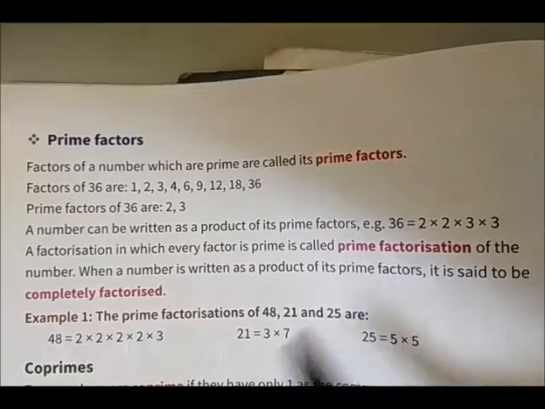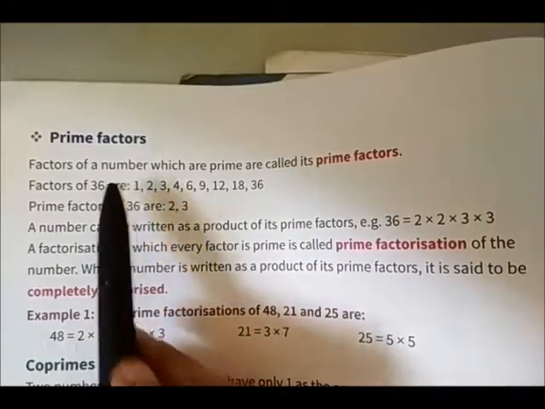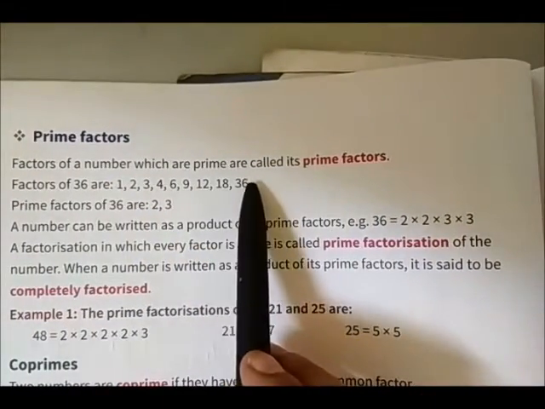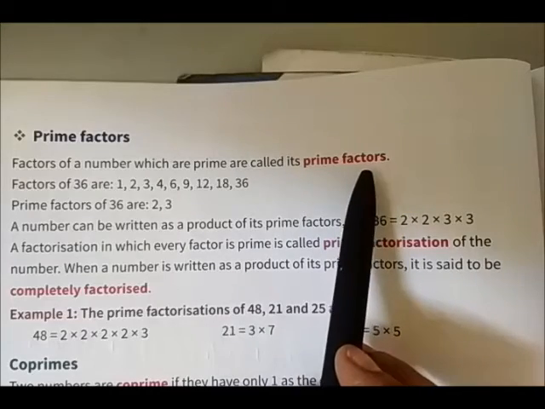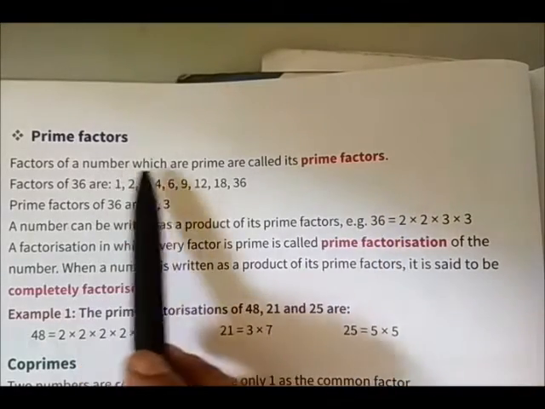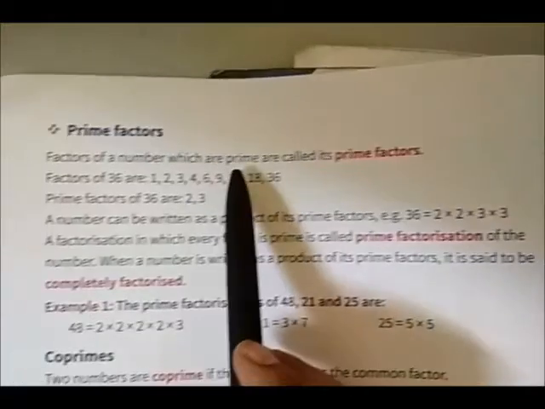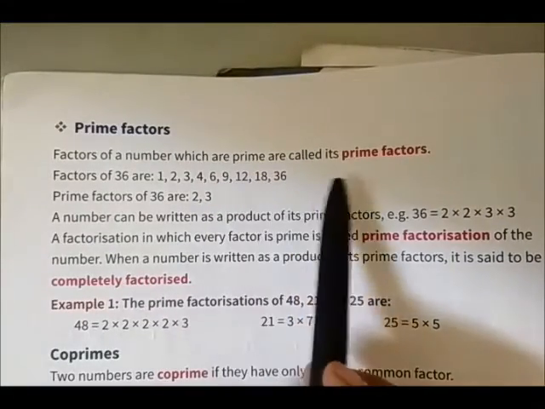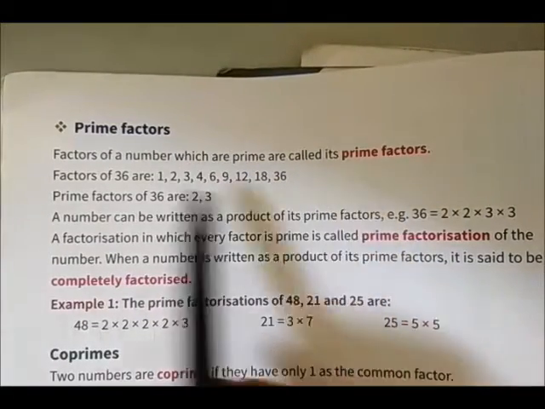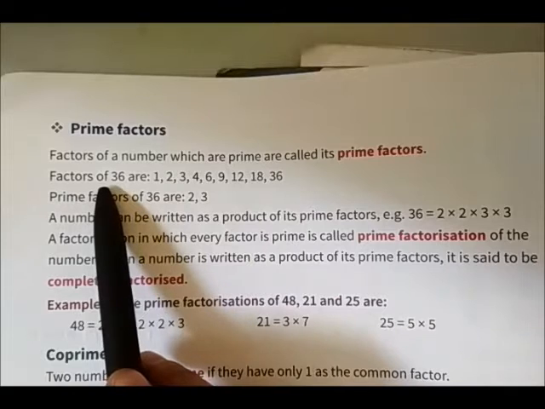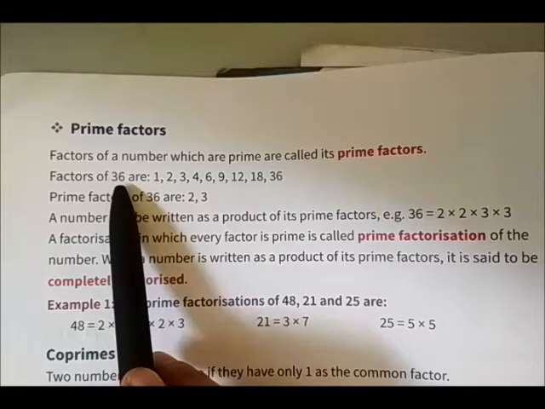What are prime factors? Factors of a number which are prime are called its prime factors. Here we can see this example, factors of 36.